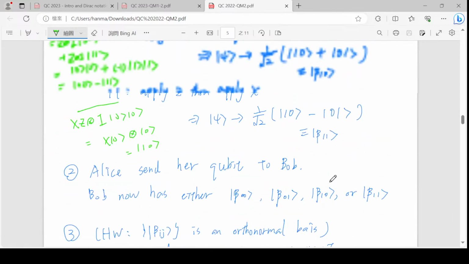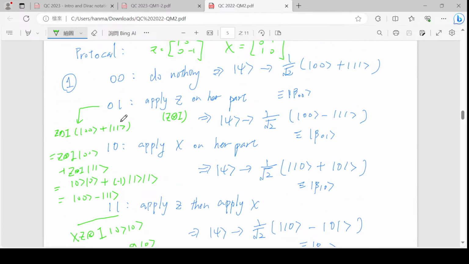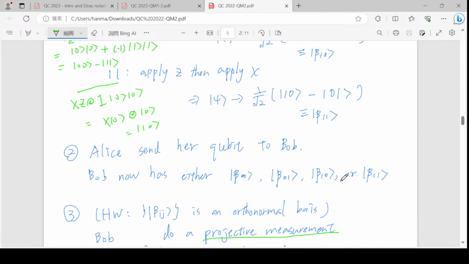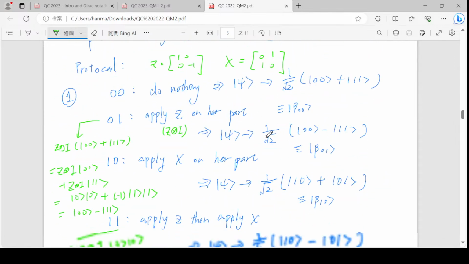For now, we call them, well, the easiest possible way: beta 00, because it's for 00, and then beta 01 for the 01, beta 10, and beta 11. Okay, let's go back to the protocol.